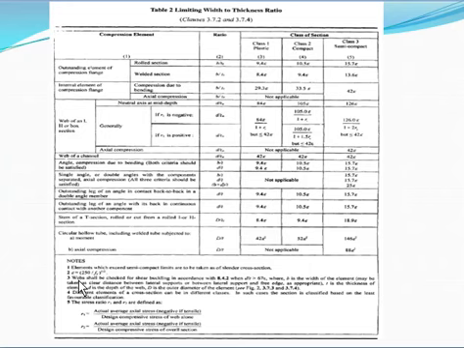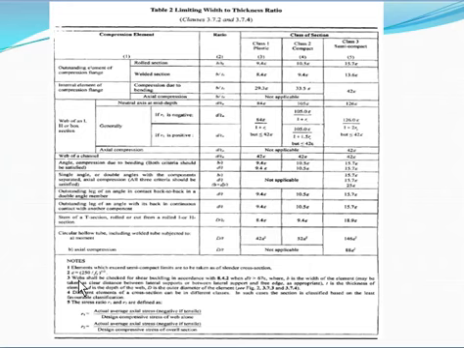Can you get the idea? If the value of this b upon tf ratio is less than 9.4 epsilon, in that case we can say that the element is classified under class 1, that is plastic.